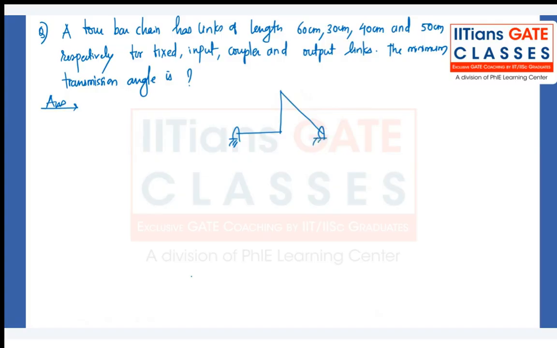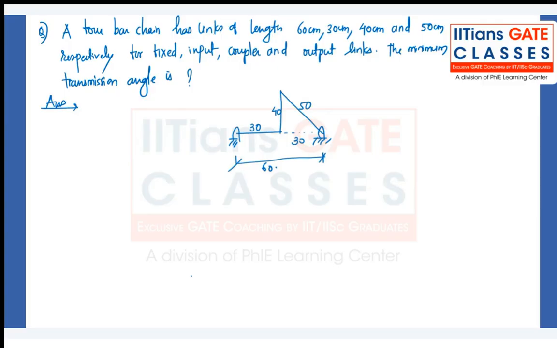Okay. So this is the mechanism basically. You can say this is 30, this is 40, this is 50. Again, this will be 30, so that overall it will be 60. Okay, so fixed link is 60.